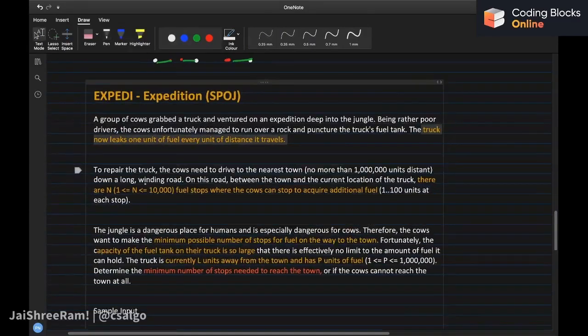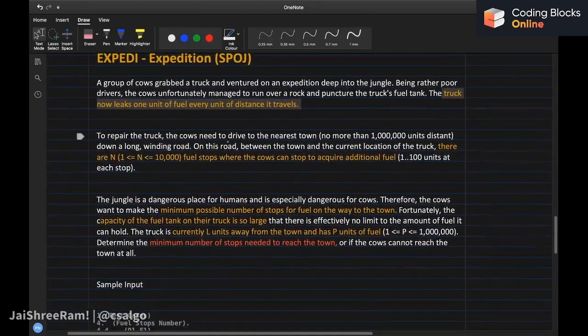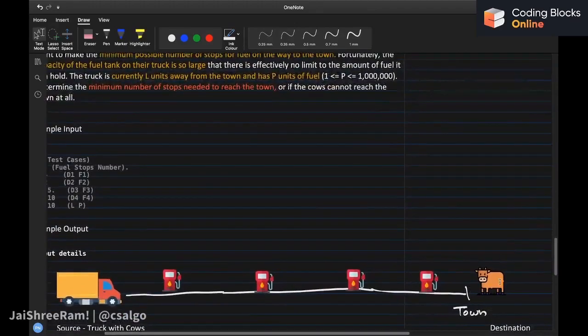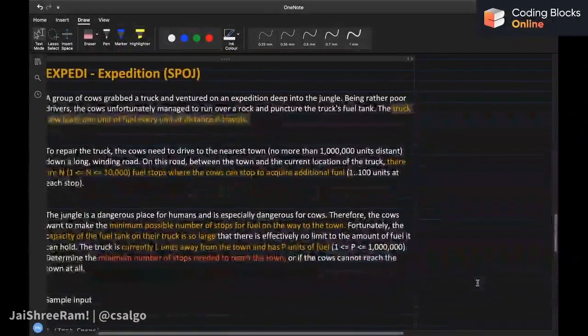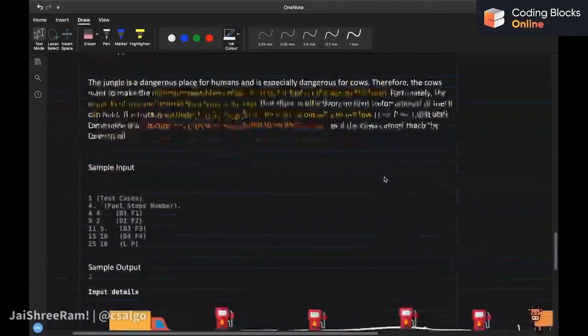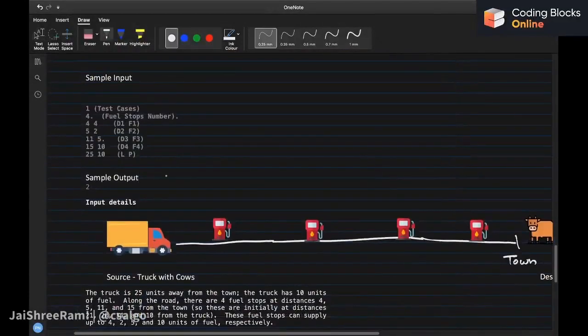and to repair the truck the cows need to drive to the nearest town. So the goal is to reach this particular town, and there are n fuel stops where cows can stop to acquire additional fuel. So the truck is carrying cows, and there are some number of fuel stops.